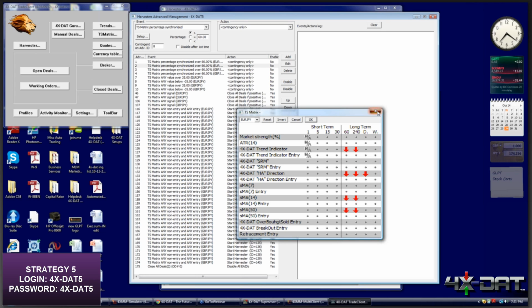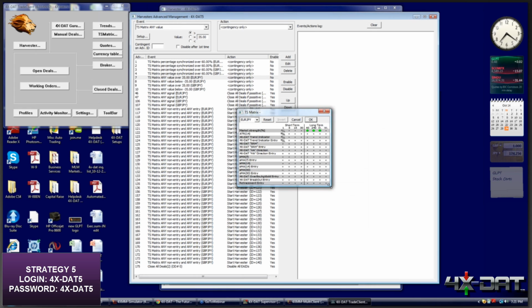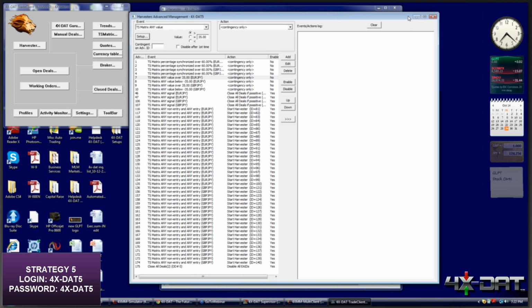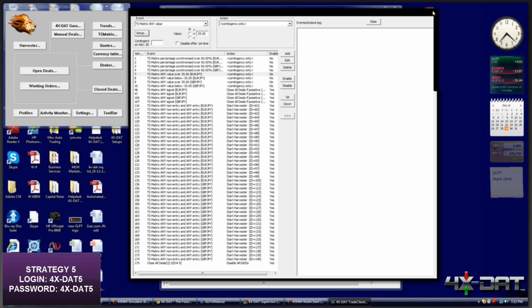So definitely the market would be, or the arrows would be, predominantly red. Market's going down, as well as the market strength has to be at a certain level. If the market strength is not there, that indicates that really the market is not moving, and we're not going to be trading.